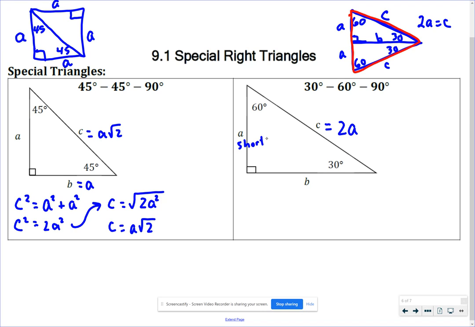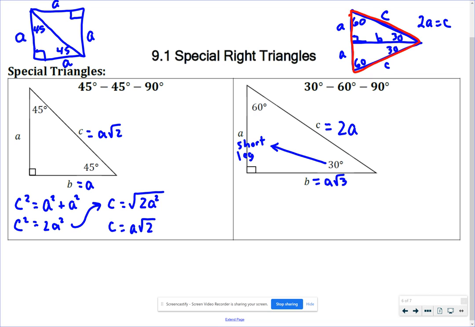The shortest side is always opposite the smallest angle. In a triangle, the shortest side is always opposite the smallest angle. So the short leg, when I double it, I get the hypotenuse. The relationship between the B and the A is that B is A times the square root of 3.